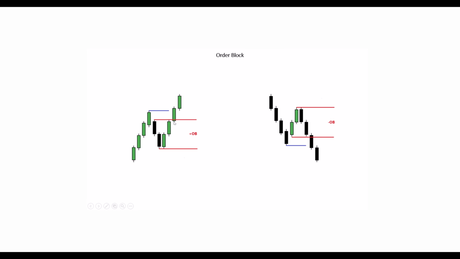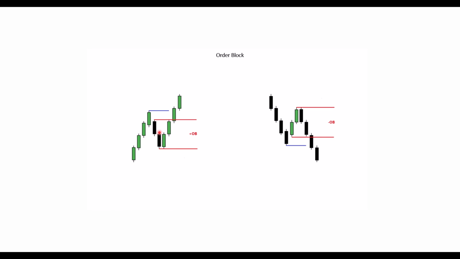But the rule with order blocks is you generally do not want to see price close below 50% of the bodies. In this case, that is called the mean threshold. But when we have a large order block like this, I would personally refine it to a smaller range, if that makes sense.